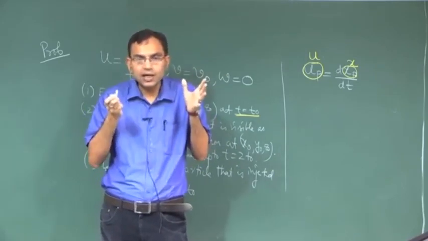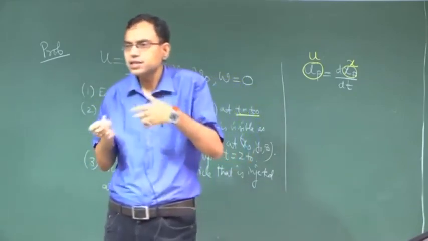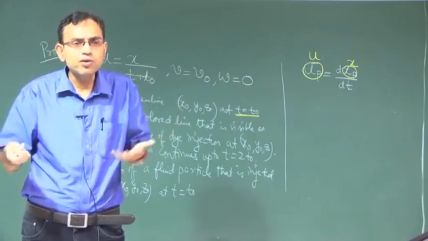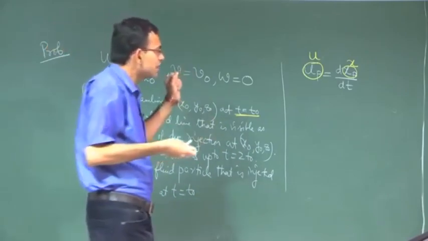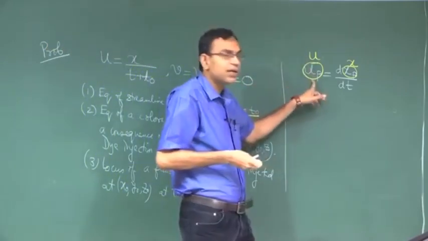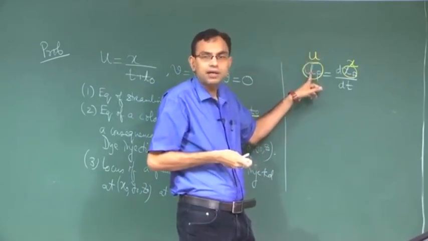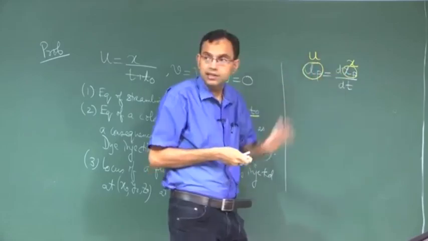The confusion that comes to our mind is that u is a description of a flow field eventually, so how should u be equal to dx dt? The reason is that you are actually referring to u of the particle, but because u of the flow is the same as u of the particle at that point, u is equal to dx dt.